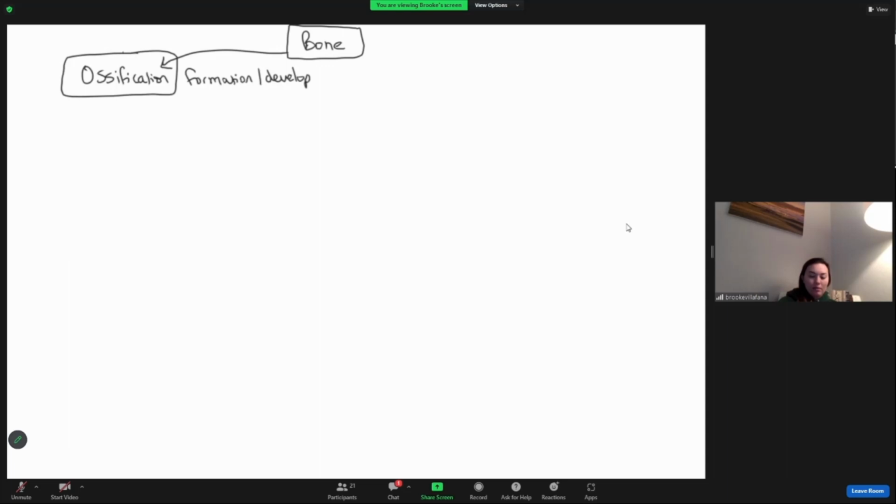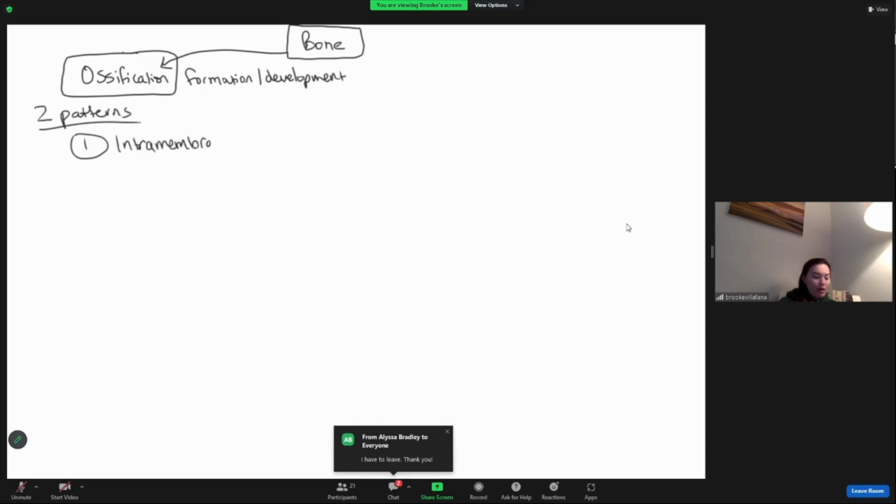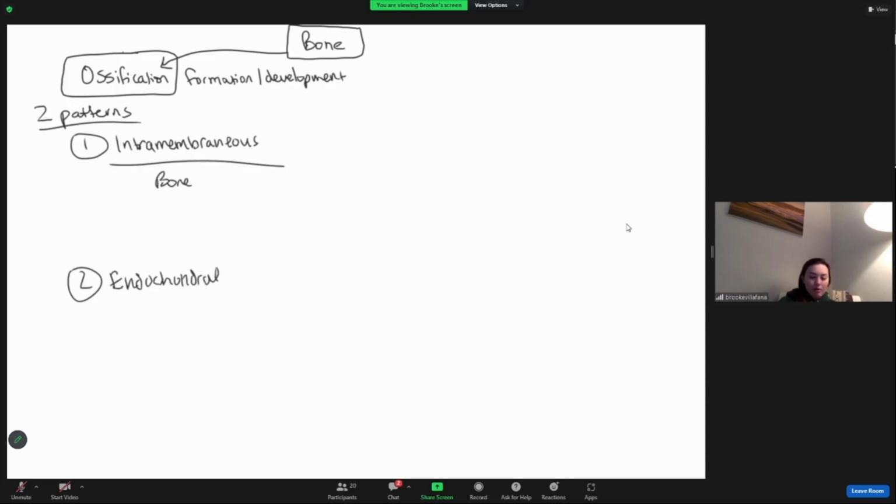So this is not something that's really happening for our entire life. For the two patterns, we have our intramembranous and then our endochondral. Intramembranous is going to be bone to bone, and then endochondral is going to be cartilage to bone.